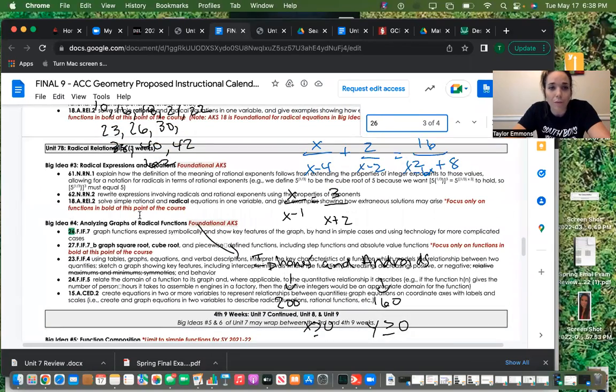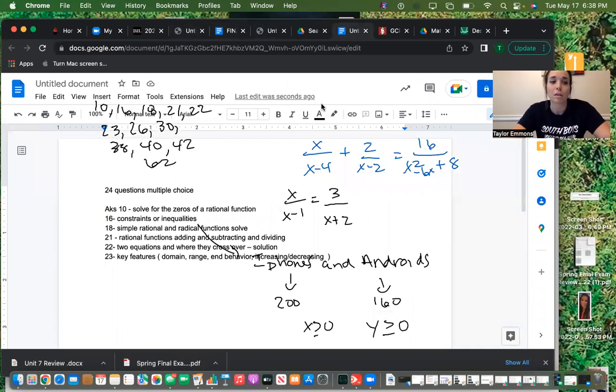Okay, graph functions expressed symbolically and show key features. So this is going to be like identify the graph for the equation that they give you. So like pick which one matches with the graph.